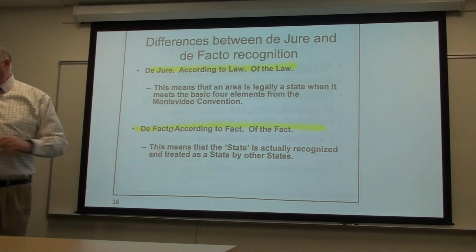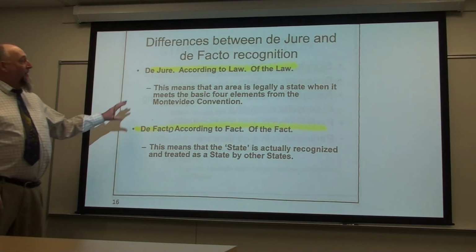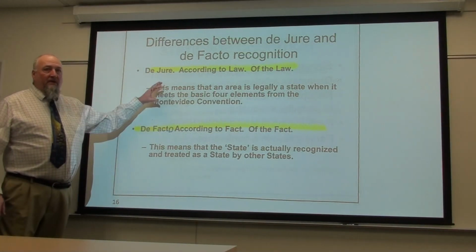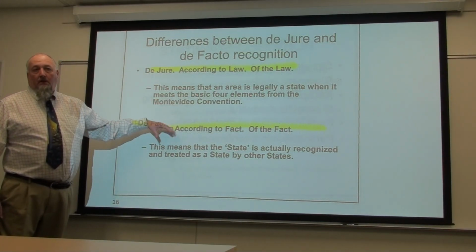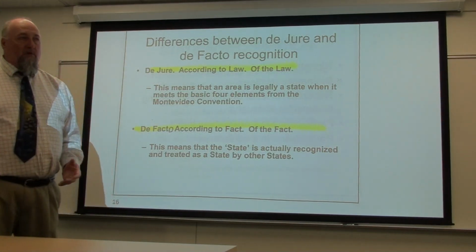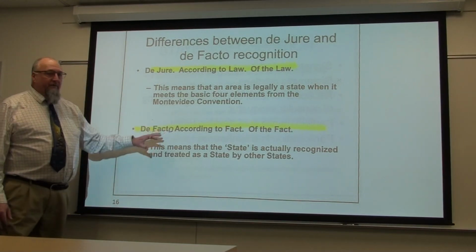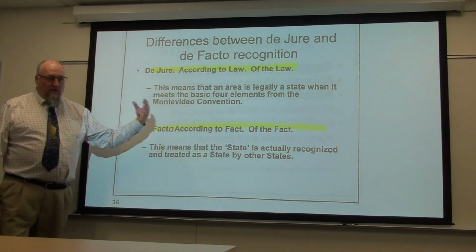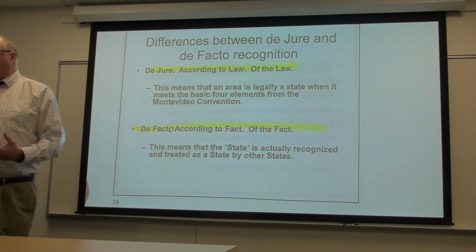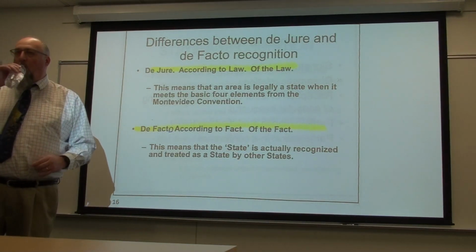So essentially when we're talking about recognition, we're talking about meeting both of these tests. Number one, you actually meet the legal standard of the test, the four-part Montevideo test. But two, you are actually treated by other states and recognized as being a state. So that's sort of the real-world component of this idea of becoming a state.